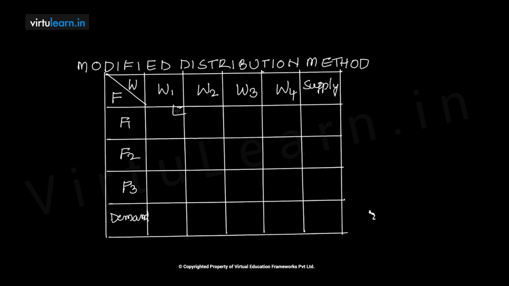Now we'll make the same table with the same costs, and then we'll write down those equations after filling this table with the same allocation which we got through Vogel's approximation method.